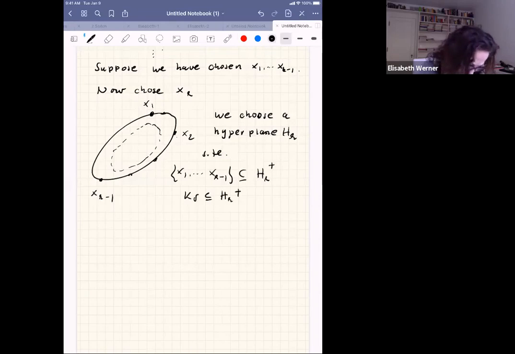Okay, so for instance, we could choose the hyperplane Hk to be a support hyperplane to K delta.